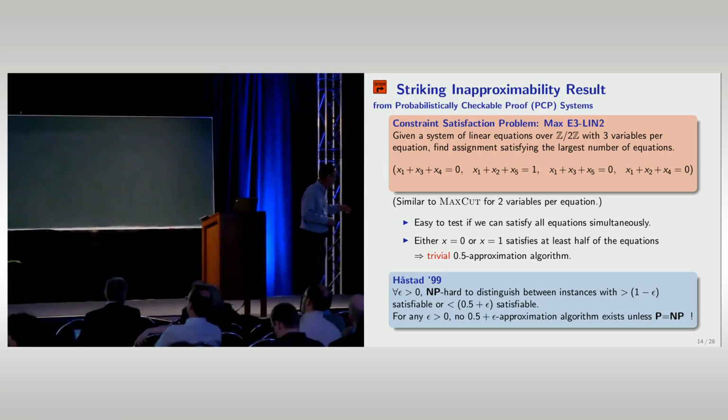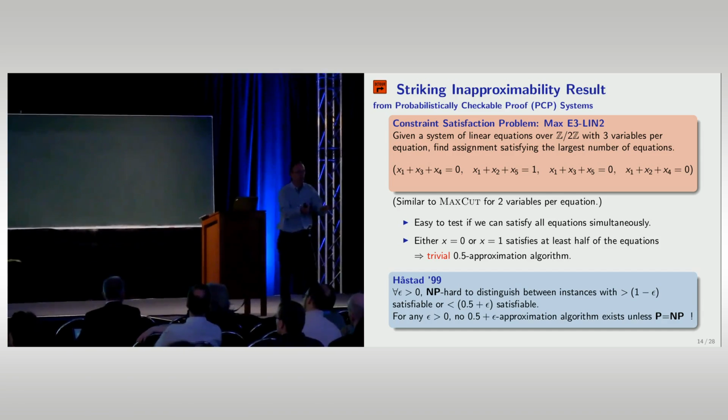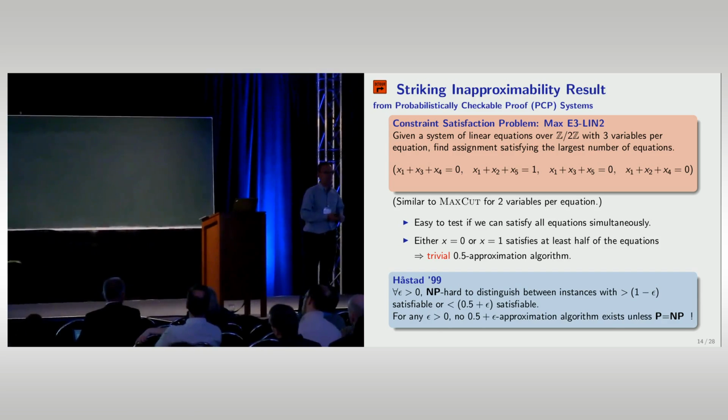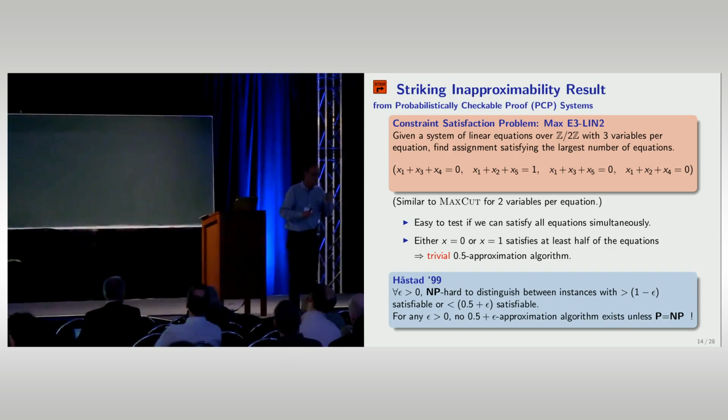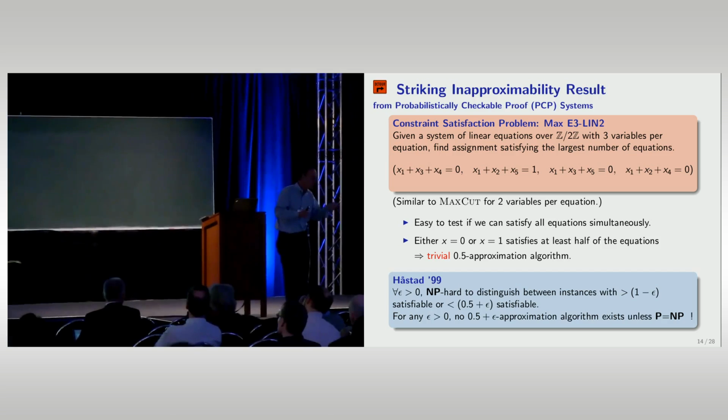But no. It was shown, Håstad showed, that if I give you an instance and I tell you it's either 99% solvable or 51% solvable, but I'm not going to tell you which one, and you have to distinguish between the two, I don't even ask you for a solution, just tell me, was it 99% or was it 51%?